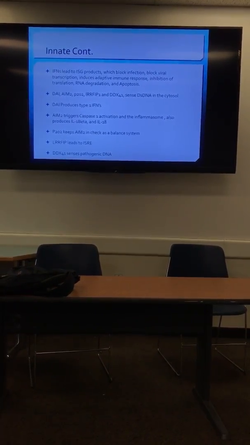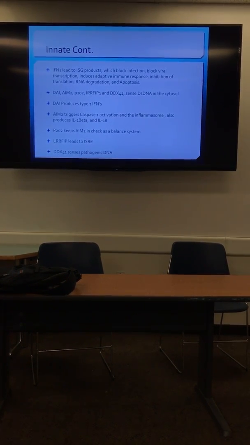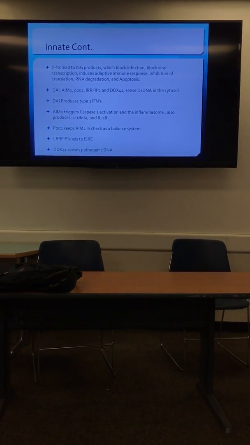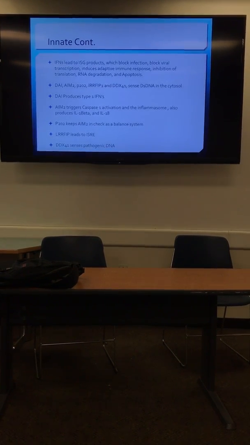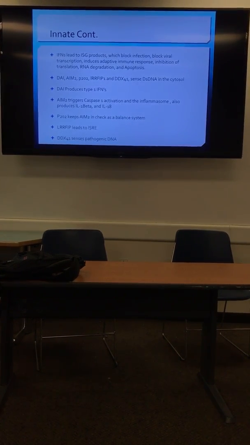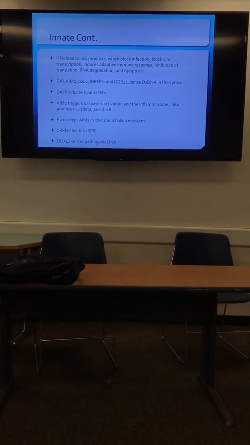And so some of these interferon pathways lead to interferon-stimulated gene products, which are basically proteins and other products that will help block infection. It'll stop the virus from making more copies of itself.